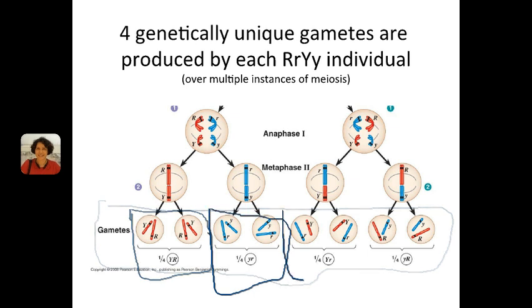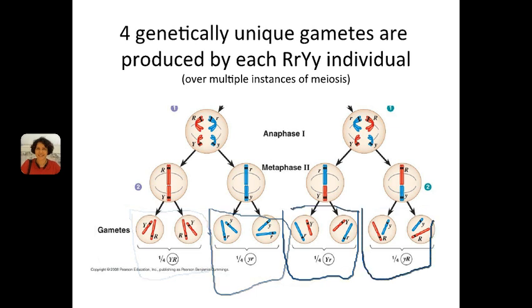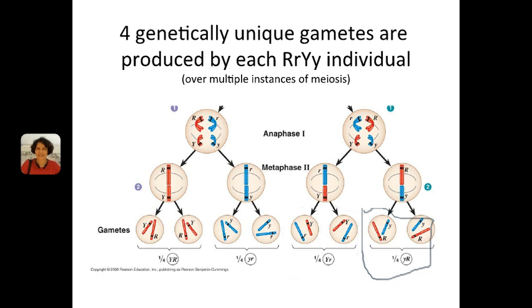Another quarter is going to have big Y, little r. And the last quarter has little y, big R. So you've got all four different allelic combinations in the gametes that are produced by an individual with a dihybrid genotype, an individual that is a heterozygote for two different characteristics.